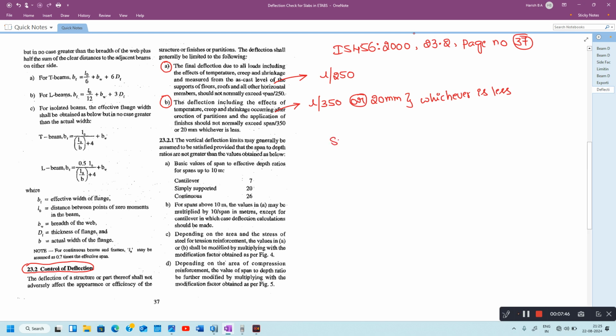Here, span in case of slabs is always the shorter span. You need to consider the shorter span of the slab.